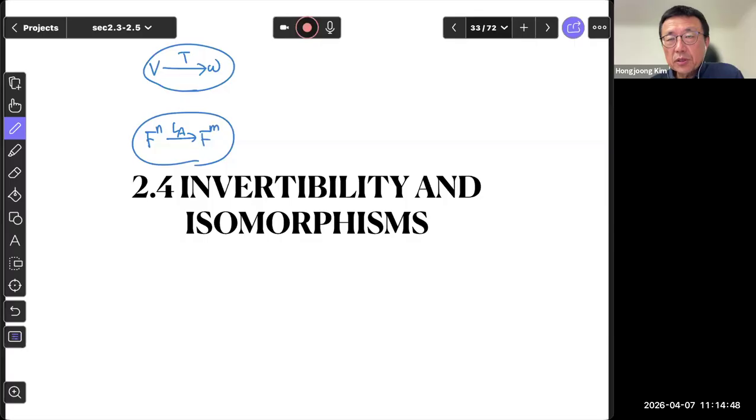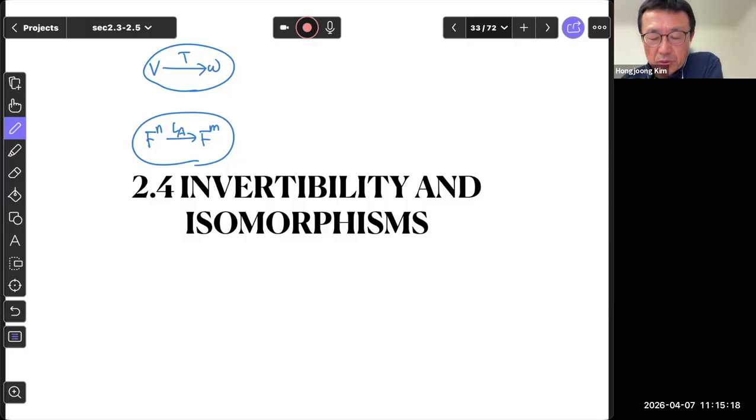The only difference is that in the above, you play with actual vectors, the general vectors in general vector spaces. But at the bottom, you consider special types of vectors in Fn or Fm spaces. And instead of considering the operation of T, you need to consider matrix and vector multiplication.